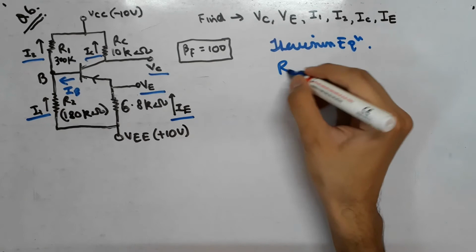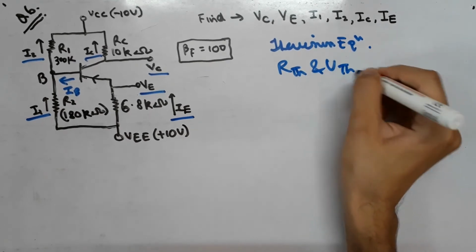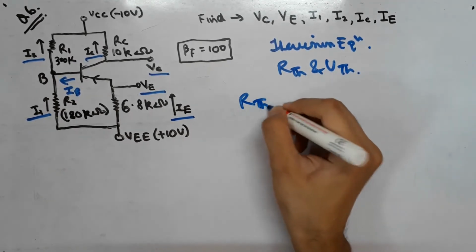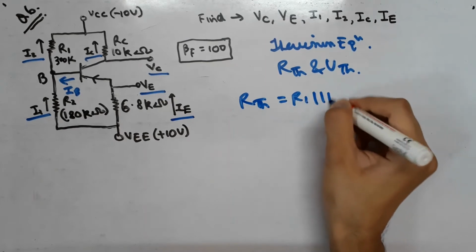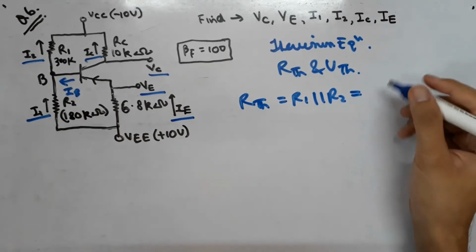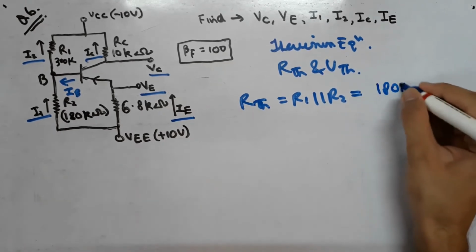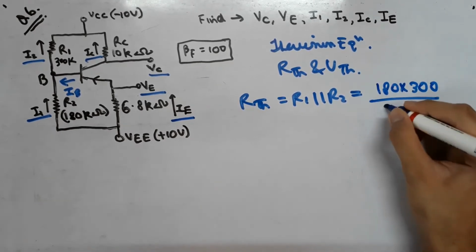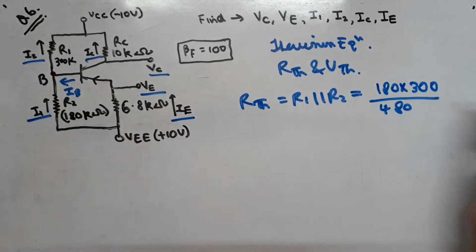For that we will have to find RTH and VTH. Formula of finding RTH is R1 parallel R2. That is, we will simply put the values of R1 and R2, that is 180 into 300 upon 480, which will come out to be equal to 112.5 kilo ohm.